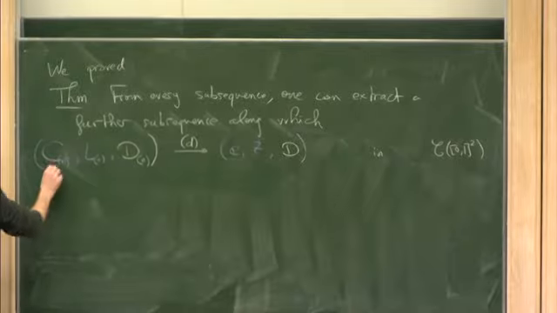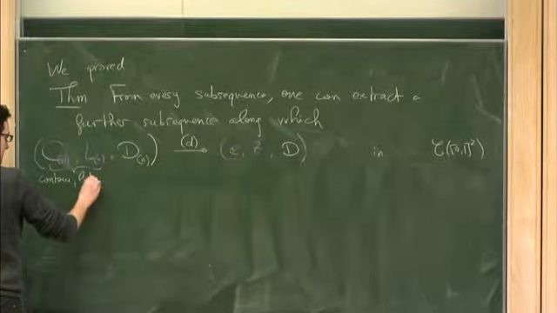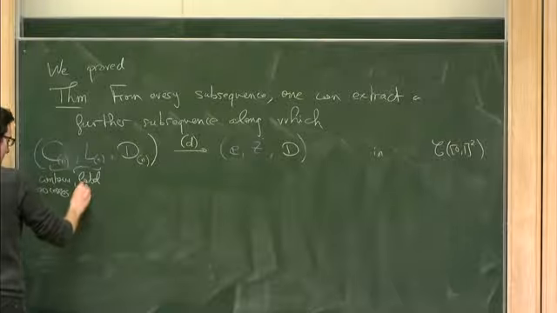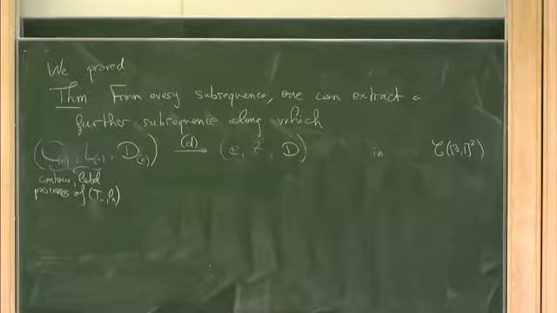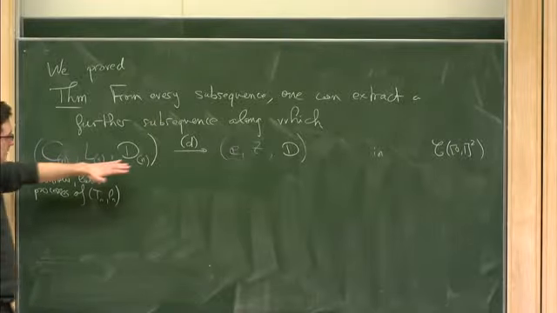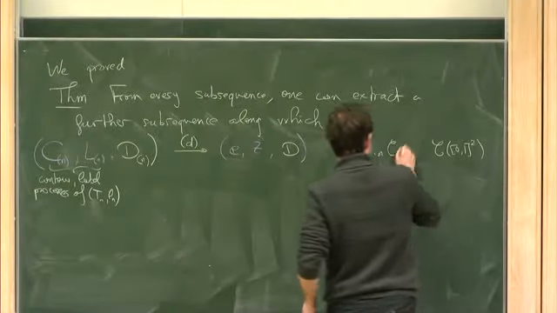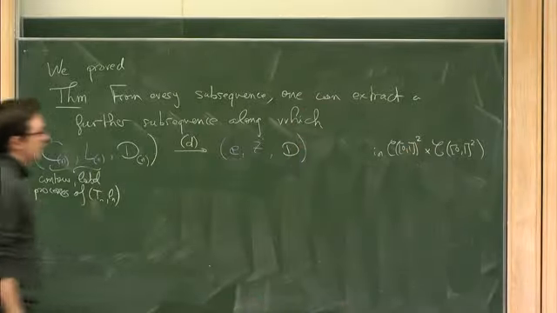Again, these are the contour and label processes of T and Ln. And this is in distribution, this time in C([0,1]) squared times C([0,1] squared).